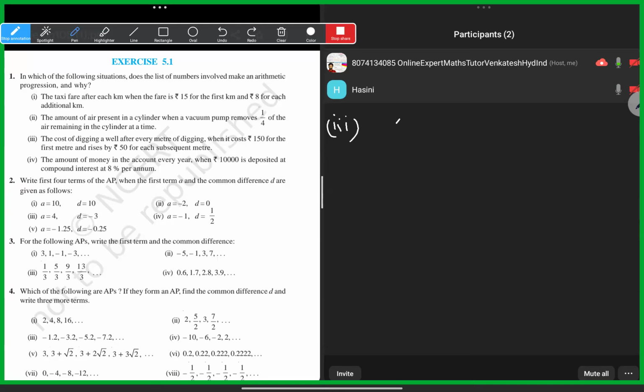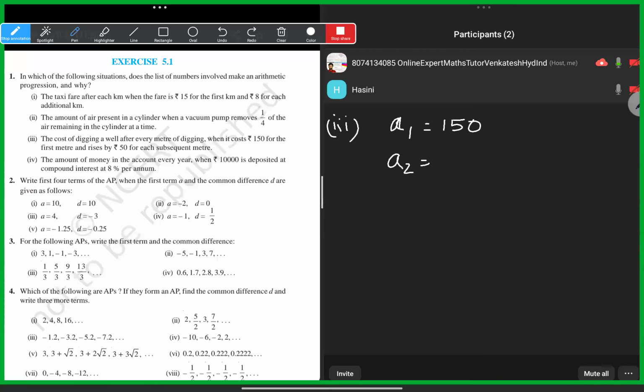So Hasni, the first meter, let us take A1. If they dig 1 meter, that person has to pay 150 rupees. From the second meter onwards, every meter they will add 50 rupees extra.